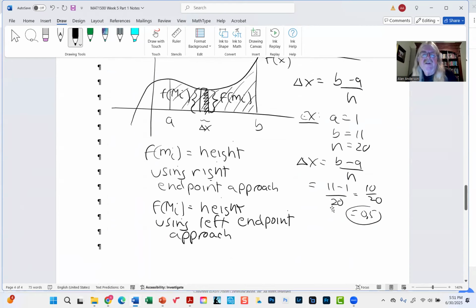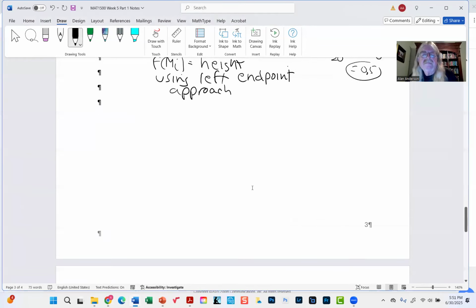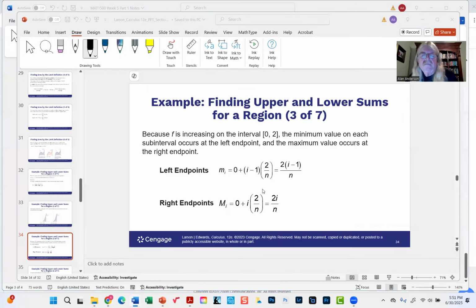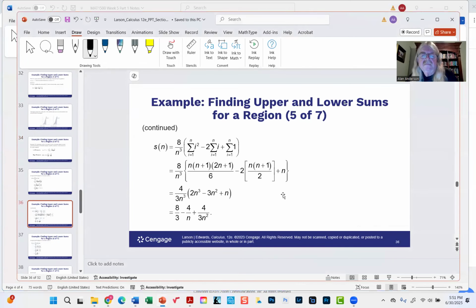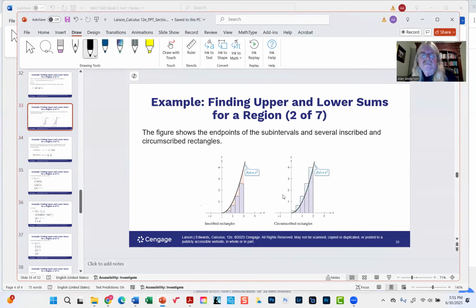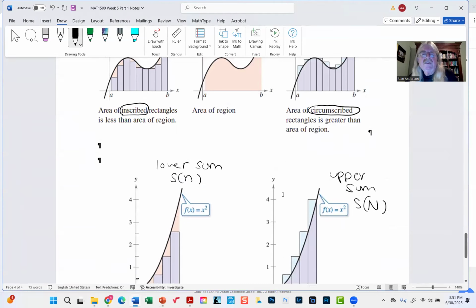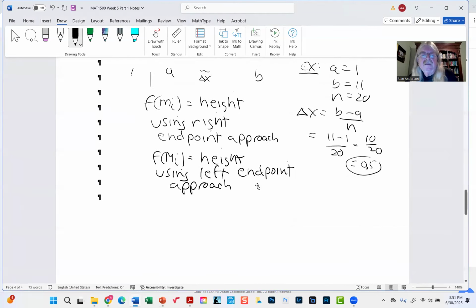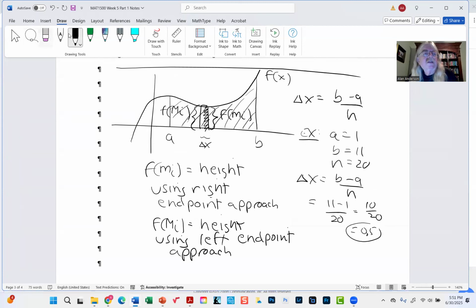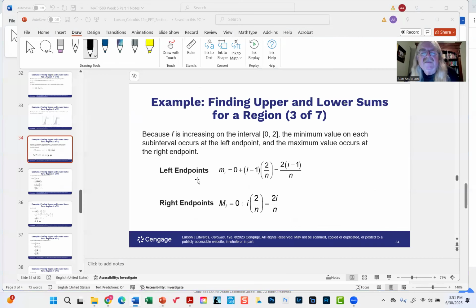Okay, so remember we defined earlier, oh no, you know what? I just realized I had these two written in. These are backwards. They want lowercase m to be the left.